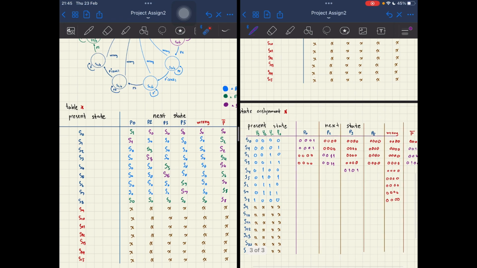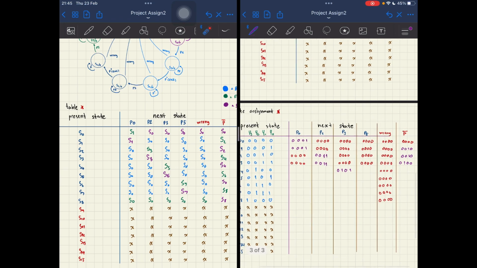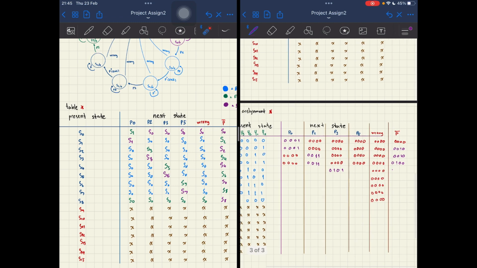And then if you leave the button, you will stay in state 4, which means 0, 1, 0, 0. Otherwise it is 0, 0, 0, because you got the wrong password, you will go back to S0, right?